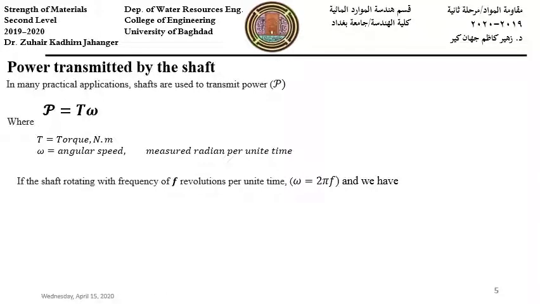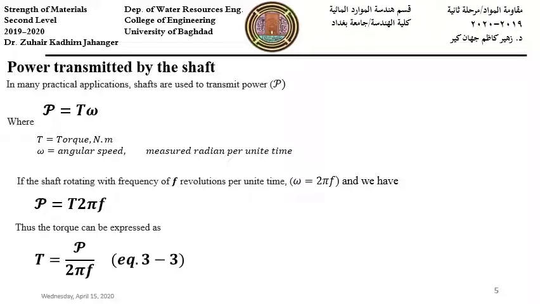If the shaft is rotating with a frequency of f revolutions per unit time, then omega equals 2 pi f, and power equals torque times 2 times pi times frequency. Thus, the torque can be expressed as torque equals power over 2 times pi times frequency.